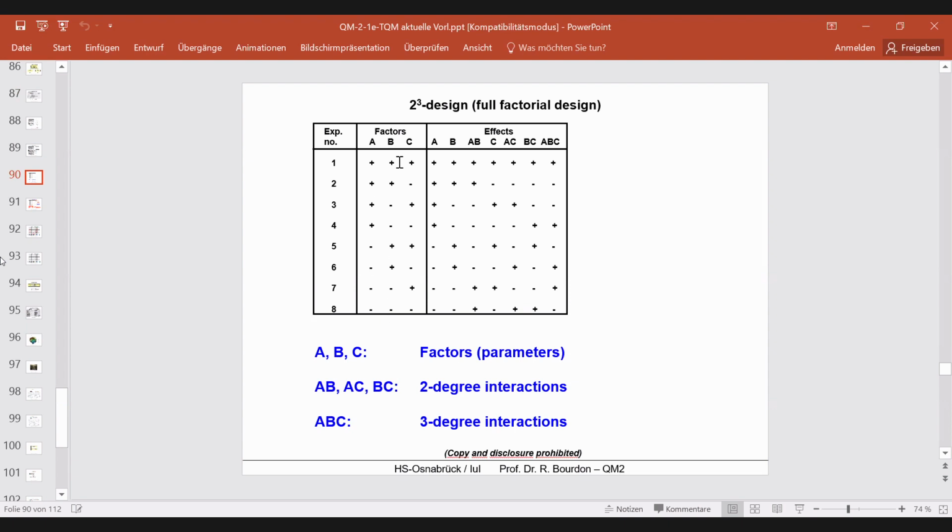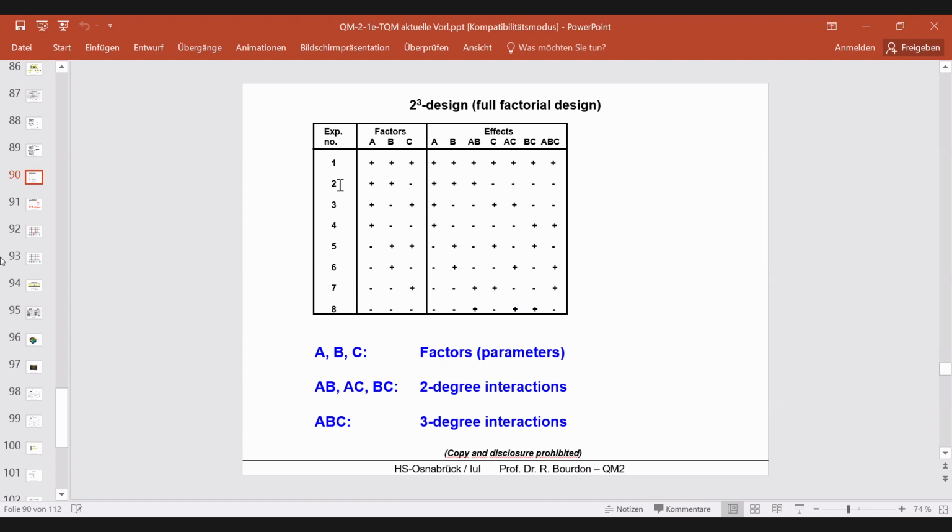Here also you have plus plus minus minus plus plus minus minus, also 4 plus and 4 minus, and here plus minus and so on, also 4 plus and 4 minus. So they call this design orthogonal. Orthogonal means exactly the same number of plus as number of minus. This is the experimental plan.